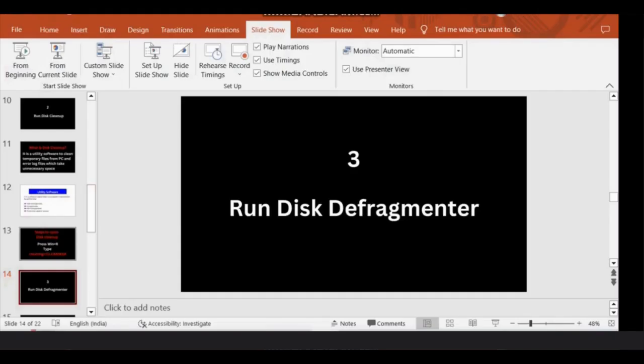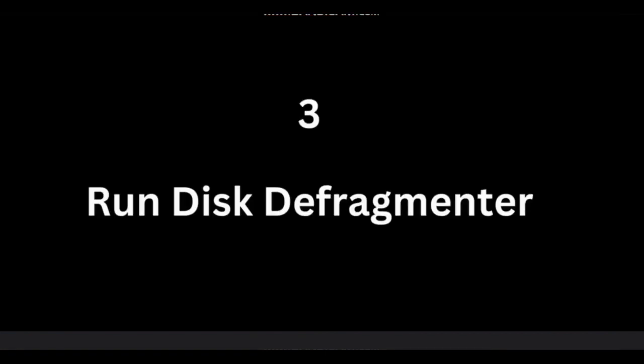The third option is to use disk defragmenter. What does disk defragmenter do? It clears the fragmented portions from your disk, hard disk drives, and finally, the access speed for the data will increase, which will automatically increase the speed of your PC.